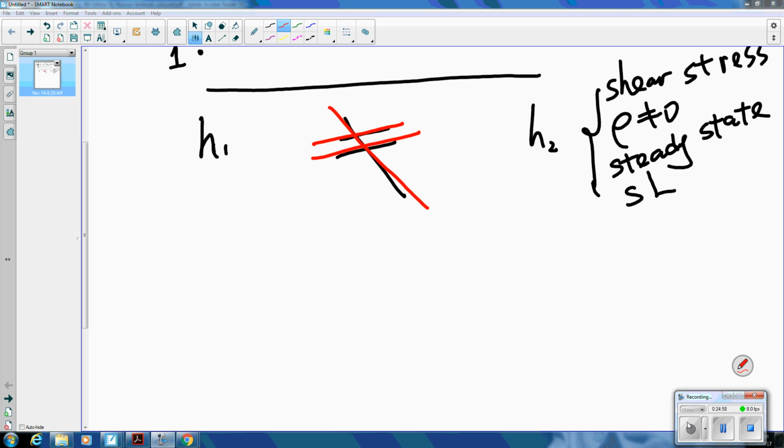Just by looking at these four assumptions in Bernoulli, we can make a good guess, right? The head loss might come from shear stress. It might come from not having laminar flow, from not having steady state flow, or from a flow that has to account for the compressibility of the fluid.